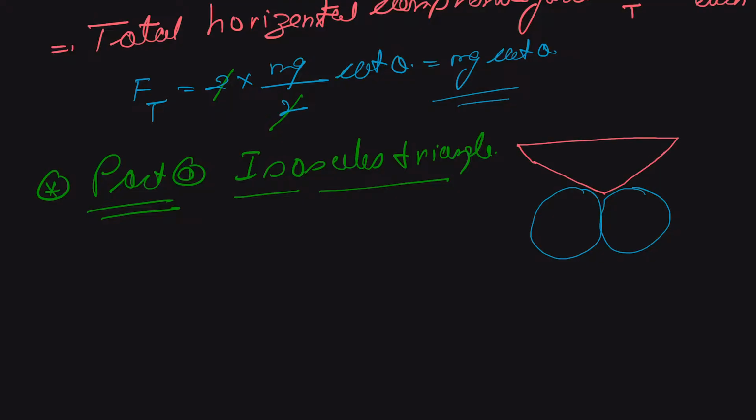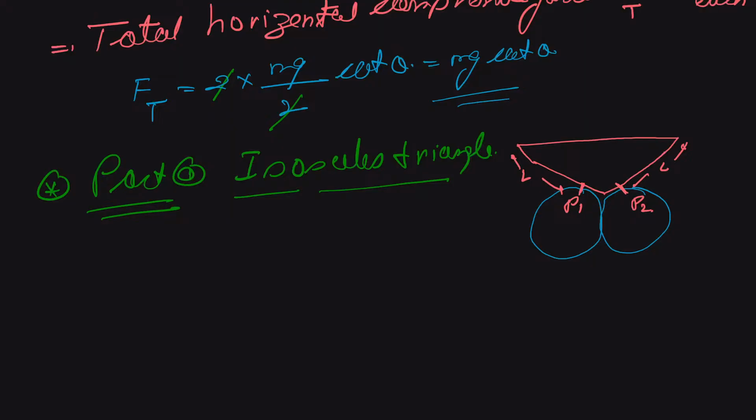Okay, so this is the isosceles triangle, and this will once again be our P1, and this will be the contact point P2, and the length of this isosceles triangle side is given to us as L. So this is L, and this is also L.